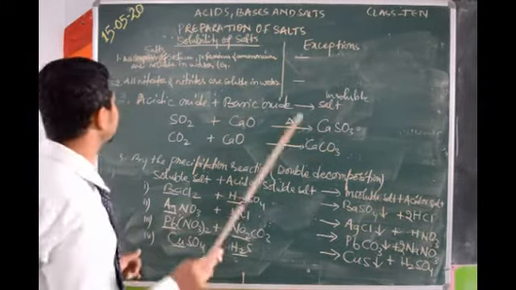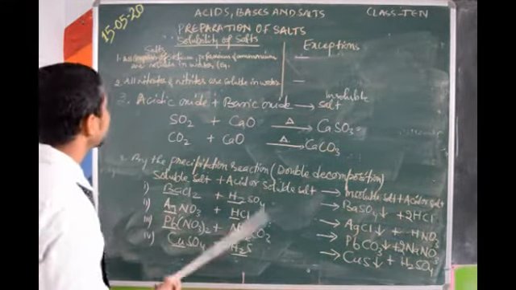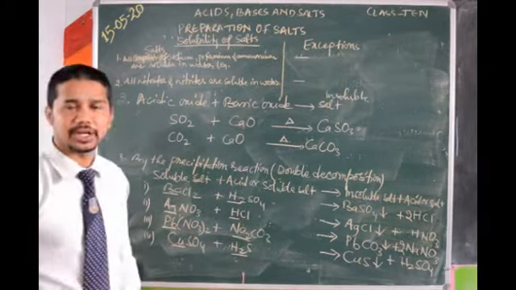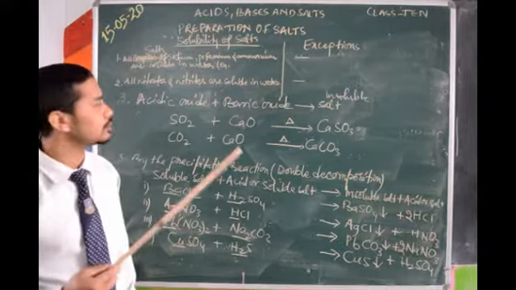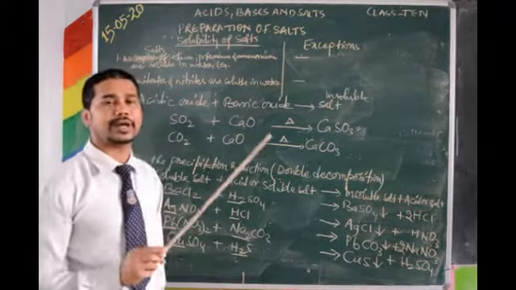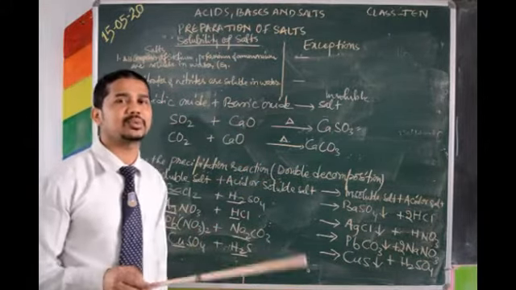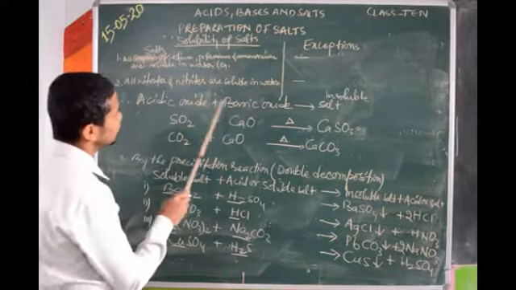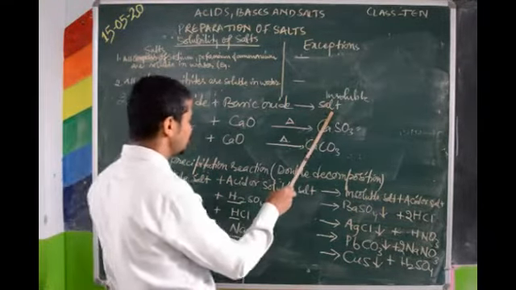So the three ways of making insoluble salts are: number 1, direct combination or synthesis. Metal plus non-metal gives insoluble salt; generally we take sulfur as the non-metal and heavy metals like zinc, iron and so on. Number 2, acidic oxide plus basic oxide also gives insoluble salt.